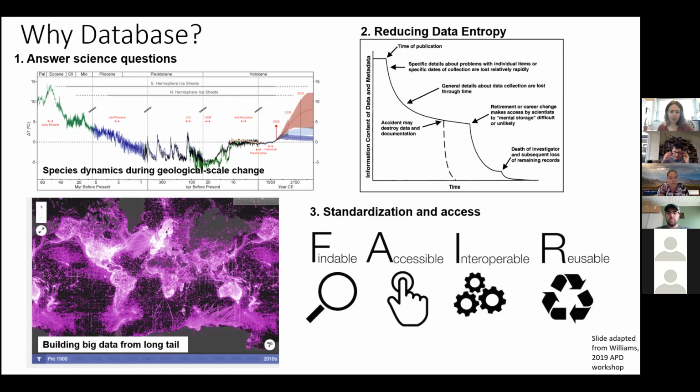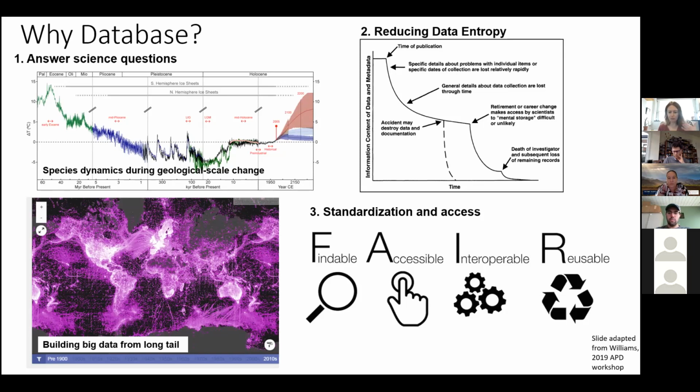And the third thing, which I'm going to talk a little bit about later, and which is really important when you're trying to synthesize data and ask big questions, is having data that's standardized and also accessible. I have this acronym FAIR up here, which refers to best practices in data standards that were developed in a paper by Wilkinson et al. in 2016. Now you see it all throughout the geology world as a model for best practices for how to make data accessible to everyone.